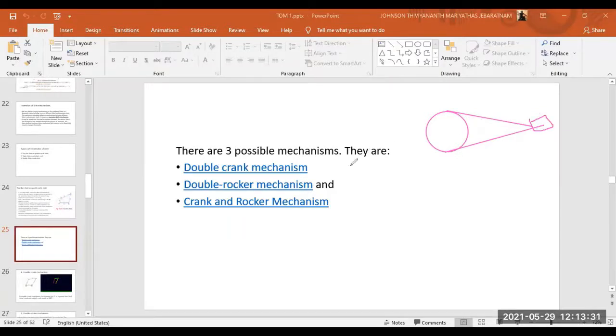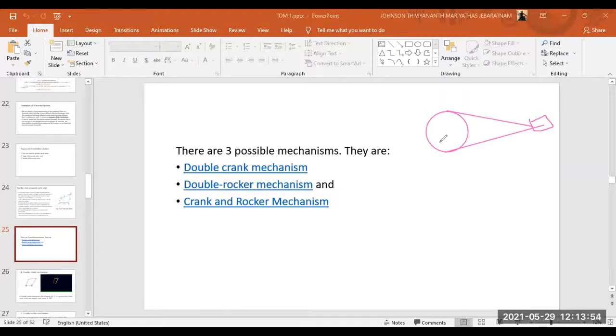Here we have a crank, a connecting rod, and a follower or rocker. So this is the basic. There are three possibilities. One is double crank mechanism, which means there should be two rotary motions existing.